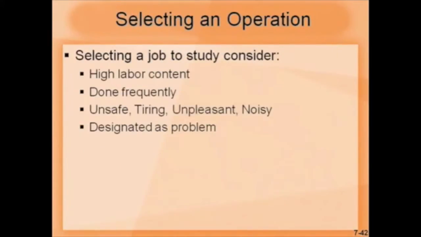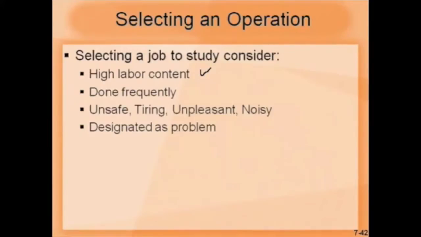If you start with the first step, selecting an operation, which means what operation should be selected for improvement. One could consider a process or activity or operation with high labor content. Generally, if something is automated or mostly done by machines, it is very easy to improve.